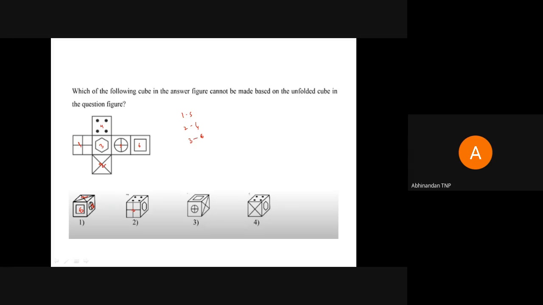So the opposite of 6 is 3, the opposite of 2 is 4, the opposite of 5 is 1. It is not shown over here, which means this is the correct option. The opposite of 6 is 3, the opposite of 5 is 1, 1 is not there, and the opposite of 2 is 4, so it is not shown over here.